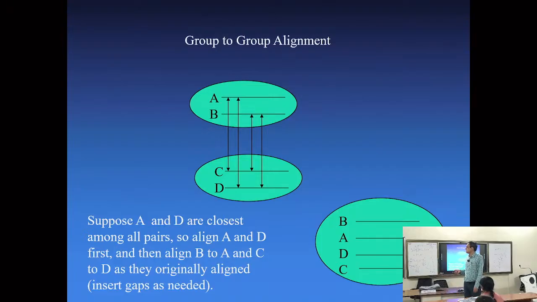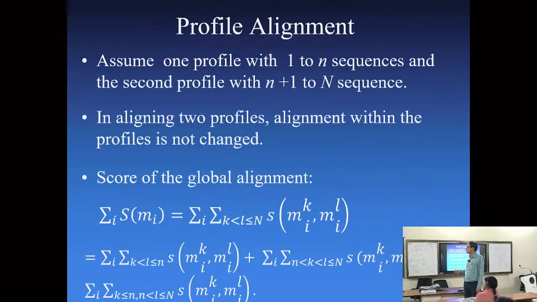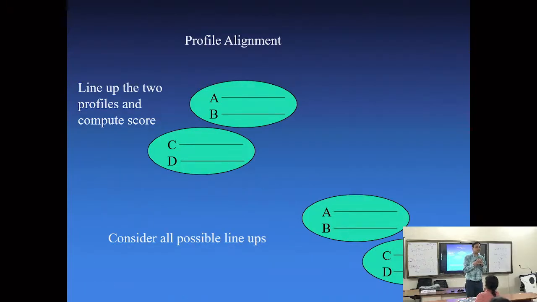So the approach is that if you have multiple alignments that you want to align against each other, groups of alignments, you would want to consider the approach that we already discussed.